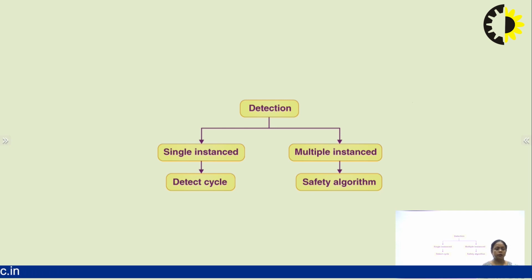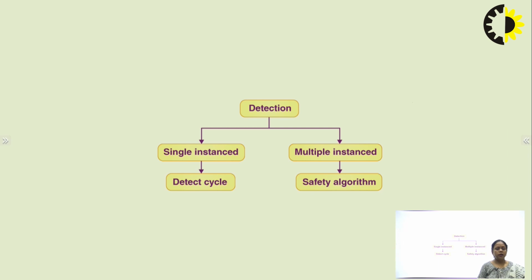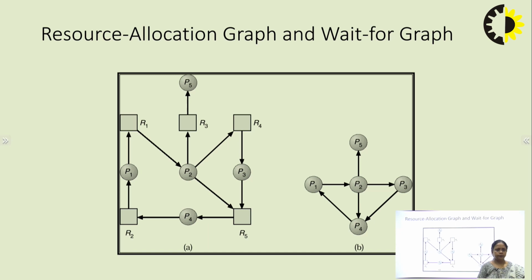To detect the deadlock, we will use Banker's algorithm and safety algorithms. If we have only a single instance, then we can find out with the help of the resource allocation graph by detecting the cycle. Now, resource allocation graph and wait-for graph.